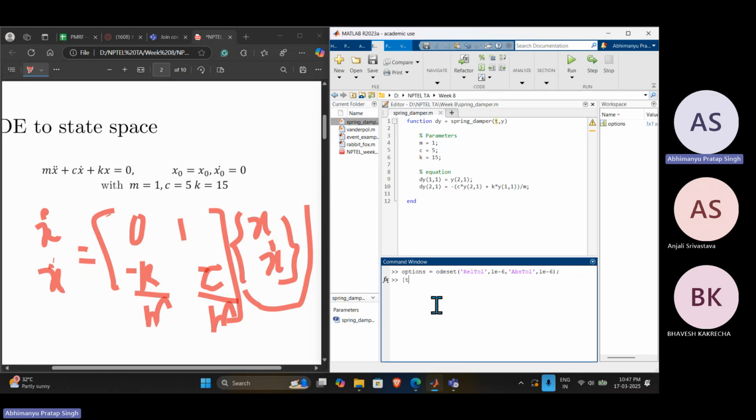So that should be t, y equals ode45. We need to input the function handle, the function name is spring damper, t, y. Then we need to input time values, so I will just input 0 to something like 10 seconds.